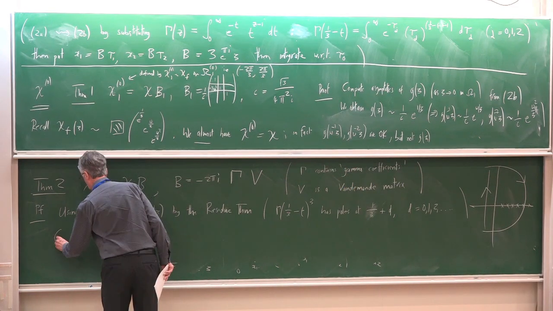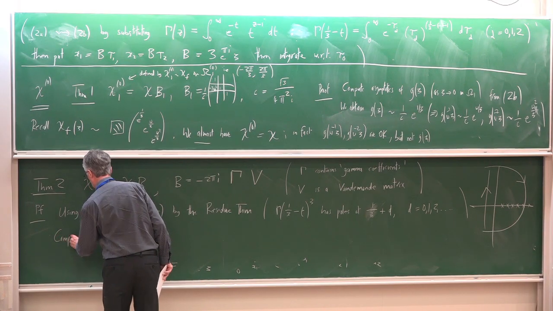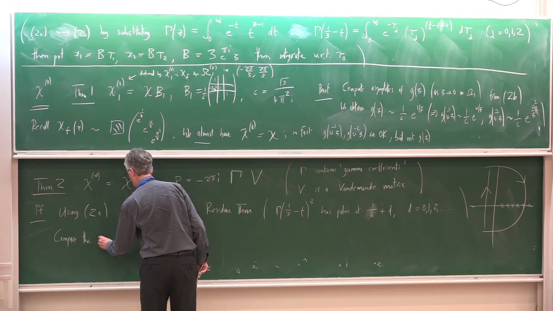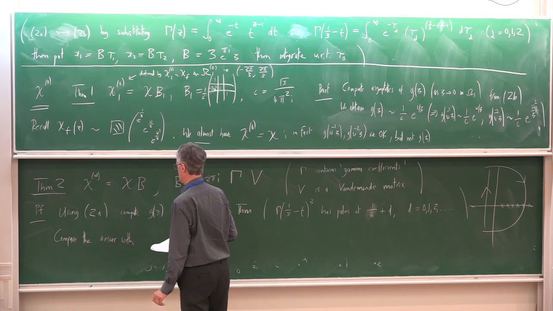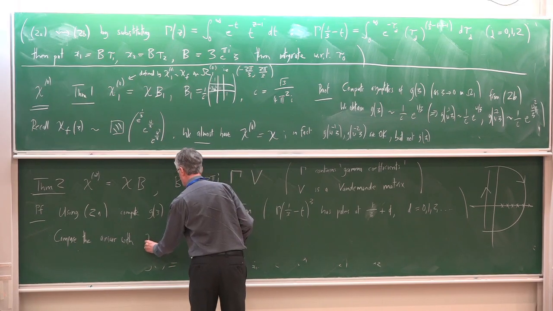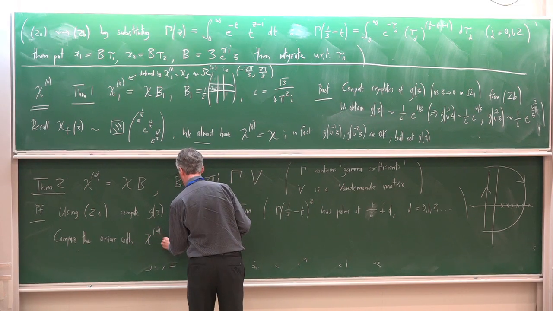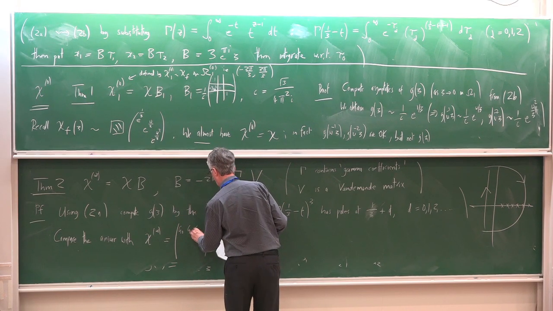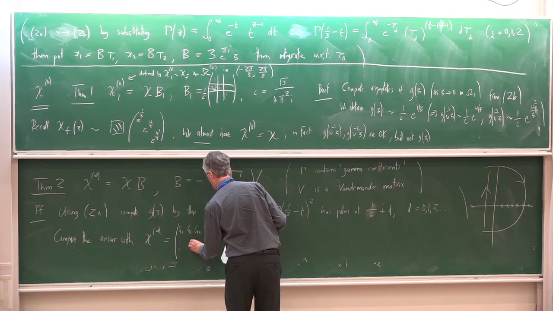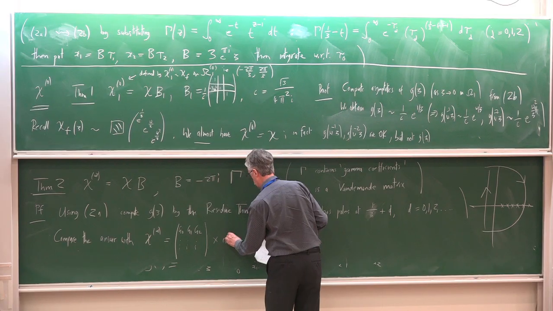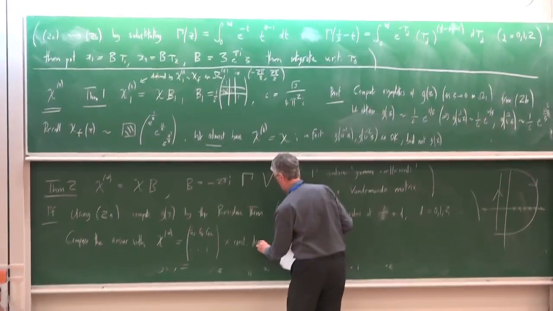So compare the answer with what? Well, with chi infinity, right? But chi infinity is essentially the Frobenius solution. So it's the Givental type solution, actually just times a constant diagonal matrix.